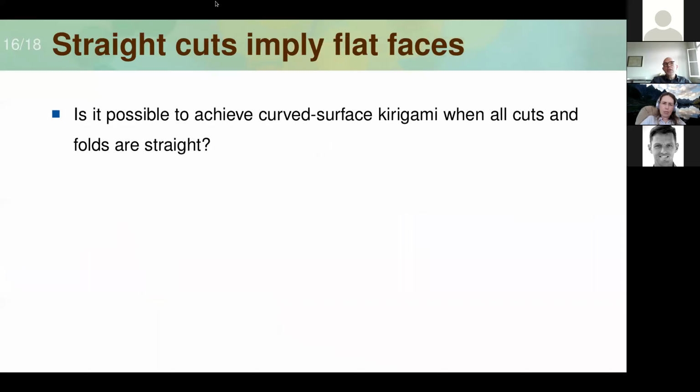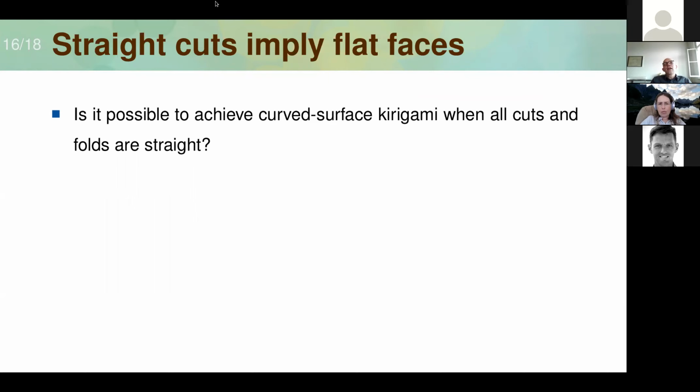There is actually a basic question. Is it possible to achieve Kirigami structures with curved surfaces, but such that you cut along straight lines? The question is, is our requirement that the faces of boxes are flat really necessary? The answer is yes, it is.